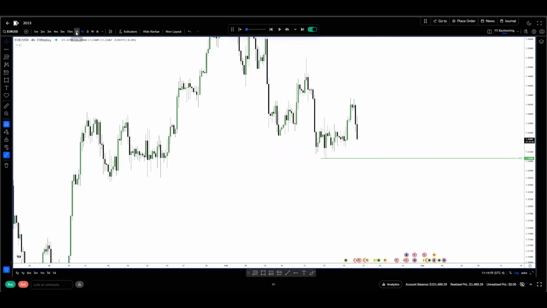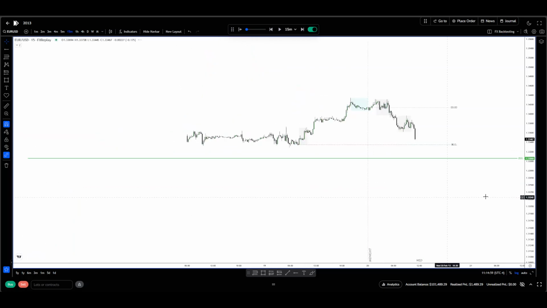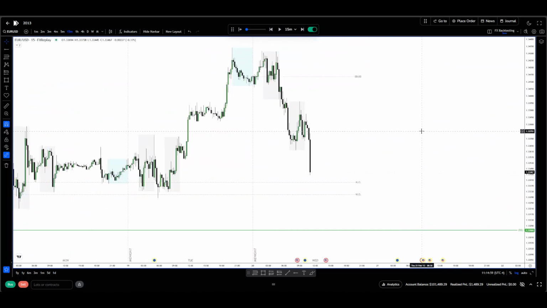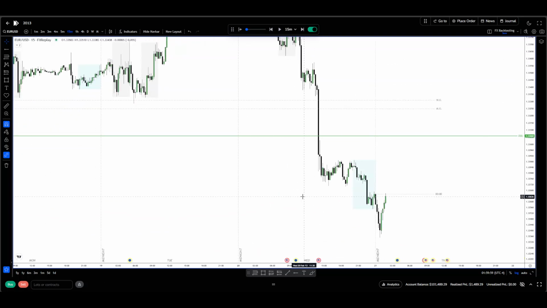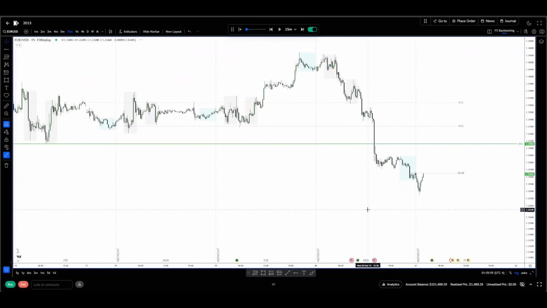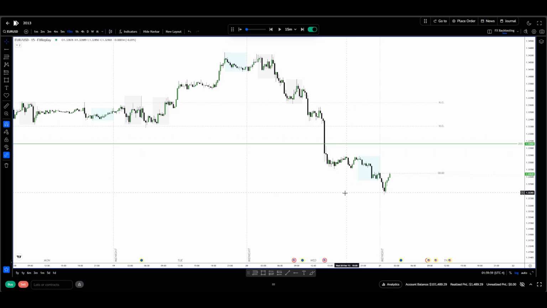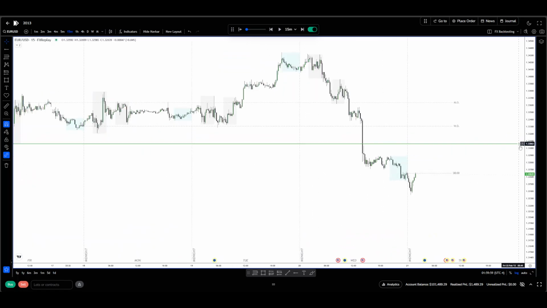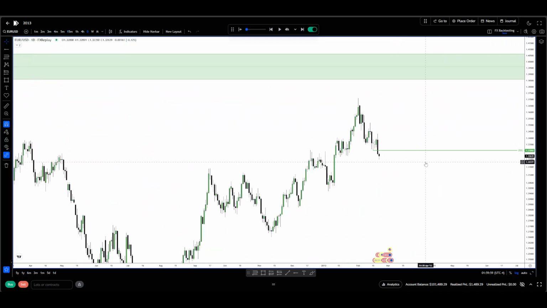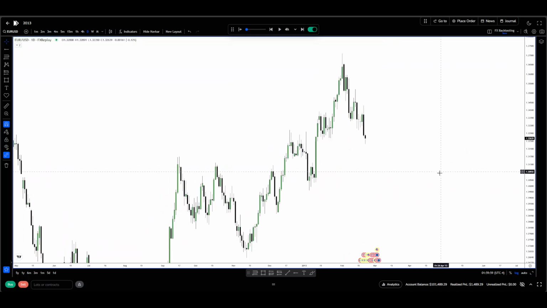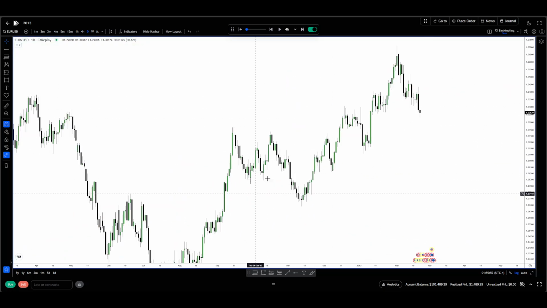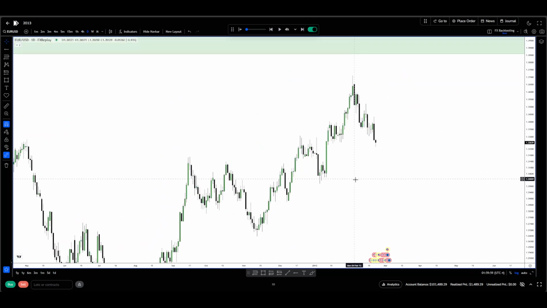All right. Going back to the 15-minute again, and I'm going to the London session. Oh, there we go. So overnight there was this big move. You see the daily PD array was very clearly hit right there. So now where we are on the daily, price is bullish, right?